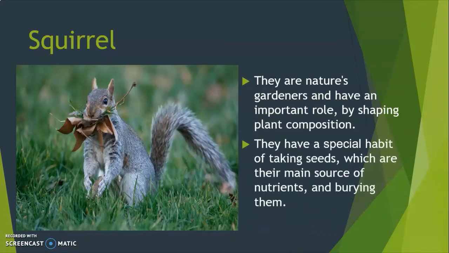And they have a special habit of taking seeds, which are the main source of nutrients, and burying them. So that is the role of the squirrel in the garden. The squirrel takes seeds, which are their main source of nutrients or food, and buries them.